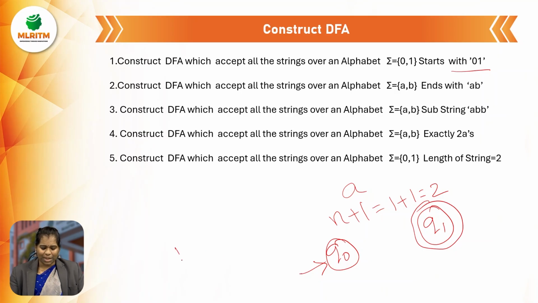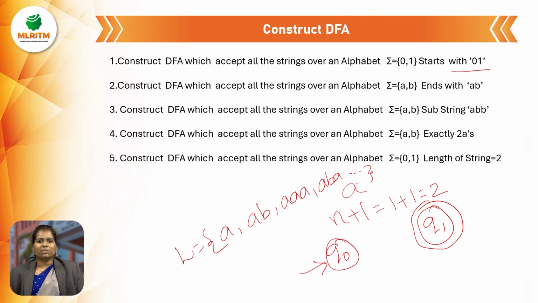The starts with language is L equal to A, AB, AAA, ABA and so on. Because the length is not given, we can write infinity. From the start, a single A reaches the final state.